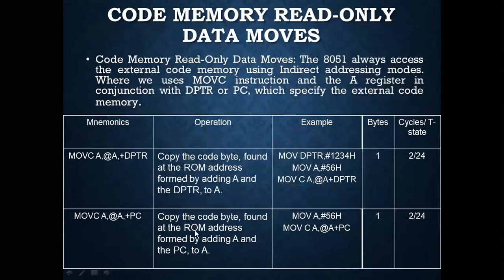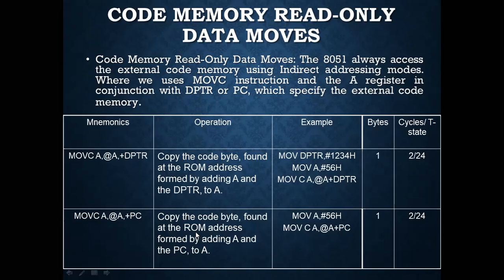The code memory read-only data moves. As the heading implies, these data movements are happening inside the ROM area. In the ROM, some program is written. Whenever you write a program, it is by default stored in the read-only memory, that is ROM.